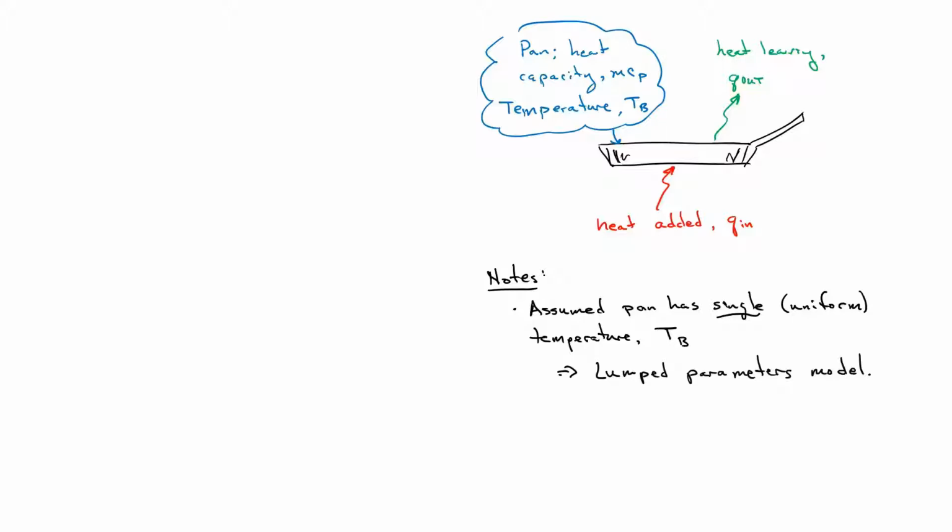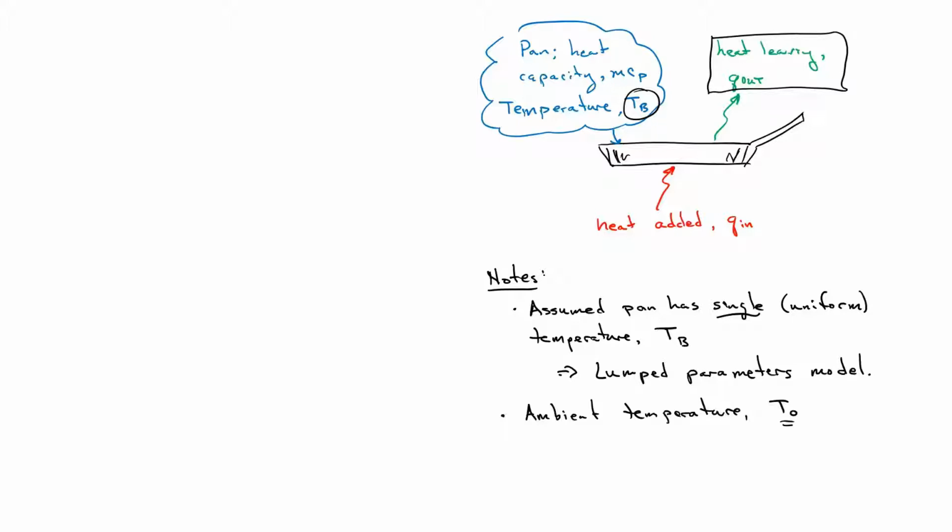So all the energy storage is in a lump in the pan, and there is no variation in energy across the pan itself. There's also an ambient temperature. I'm going to call that T0. The heat leaving the pan, Q out, will be a function of the temperature difference between T sub B, the pan temperature, and the ambient temperature, T0, and also a function of the temperature of anything we put in the pan to cook.